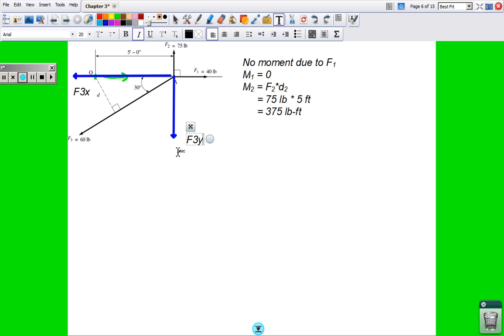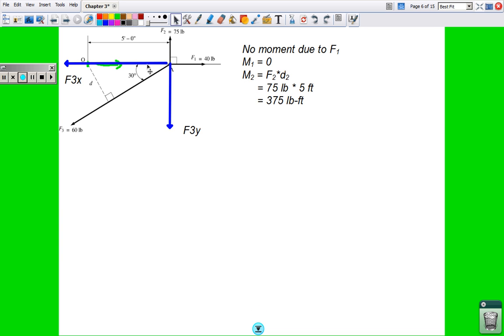Alright, what do we know? F3x is passing directly through the point O. So there's not going to be any moment due to the x component of force 3. There is going to be a moment due to the y component.